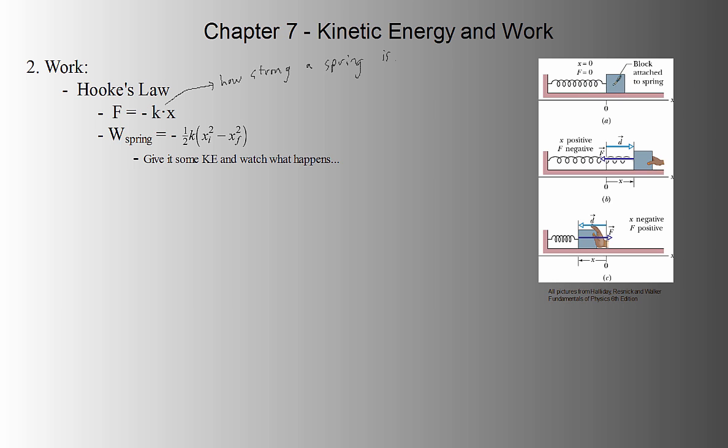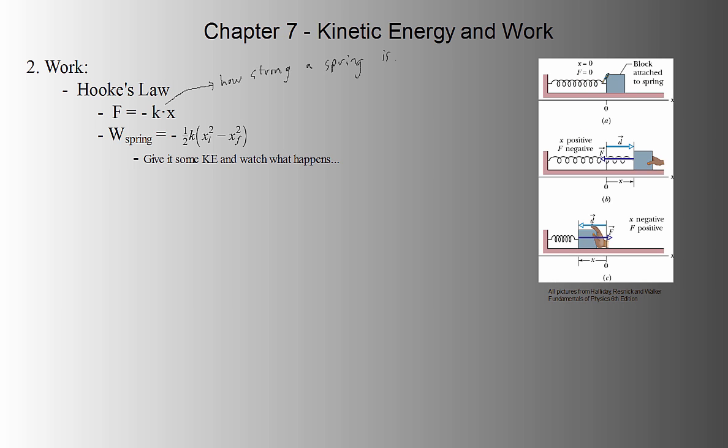You push it, give it some kinetic energy. As soon as your hand leaves, what's going to happen? Well, the block is moving this way, and it's going to continue compressing the spring because it had some kinetic energy, but the spring is going to be pushing back with a force to the right, and so this block is going to slow down. Slowing down does what to kinetic energy? Yeah, right, it drops it. Kinetic energy is the energy of motion, of speed, and so if we're slowing down, the kinetic energy is going to decrease.